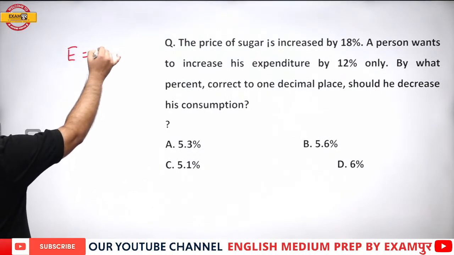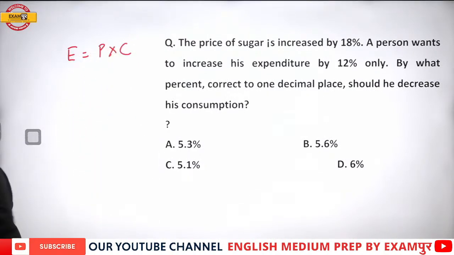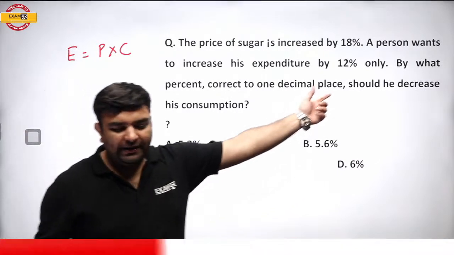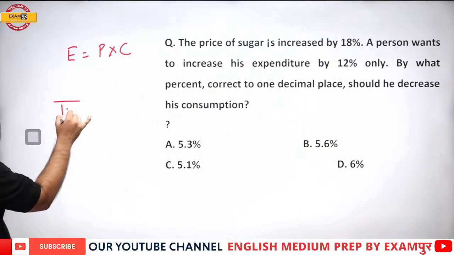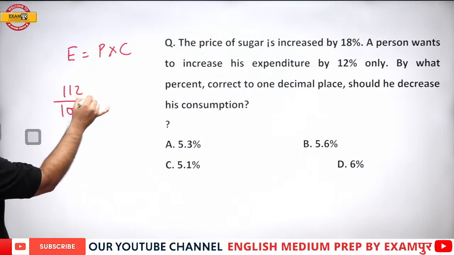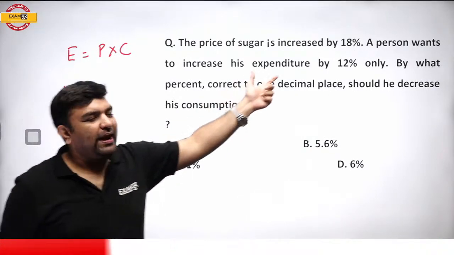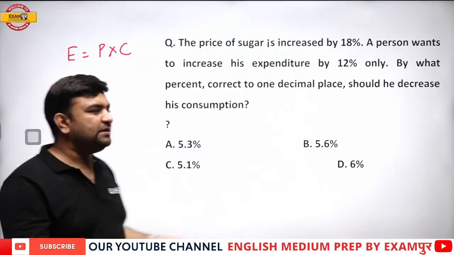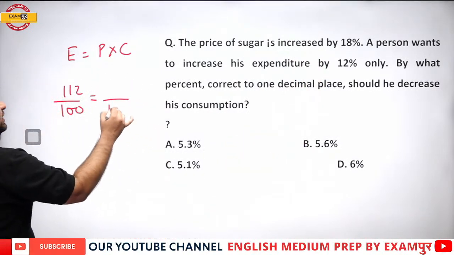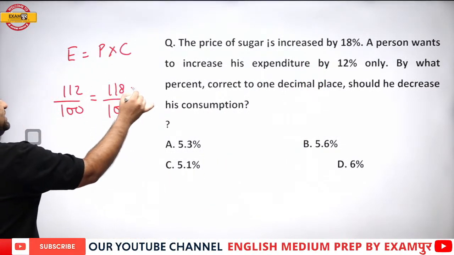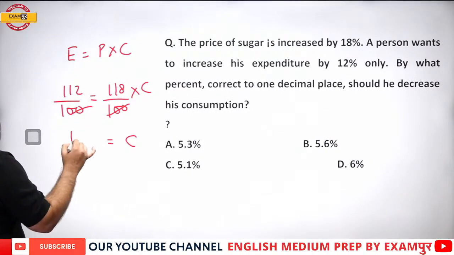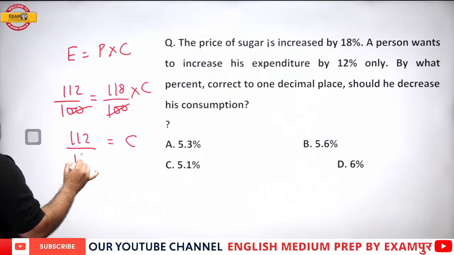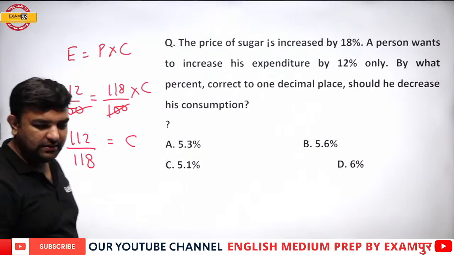Expenditure is equal to price into consumption. Expenditure increasing by 12%, can I say from 100 to 112? Price increasing by 18%, can I say from 100 to 118? What is the change in the consumption? Consumption is basically becoming 112 divided by 118.